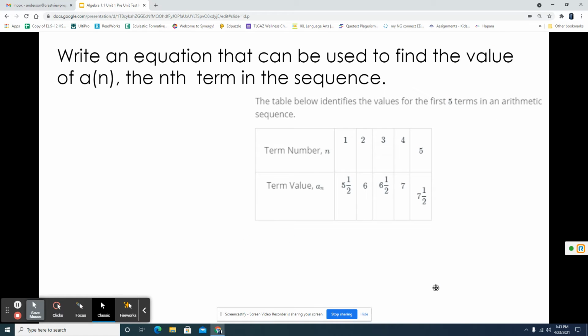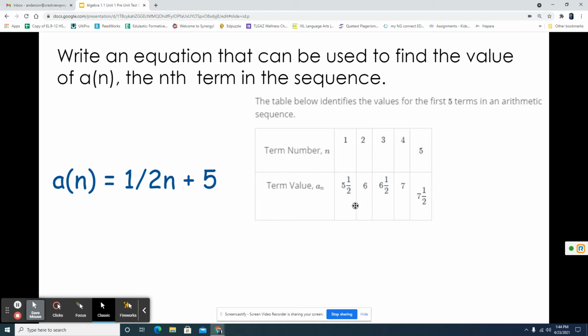If you had to write an equation that can be used to find the value of a sub n, the nth term in the sequence, so if we wanted to know the 10th term or the 15th term or the 5,412th term, how do we figure that out? Easy. Our a of n, that term value, is 1/2 n plus 5.